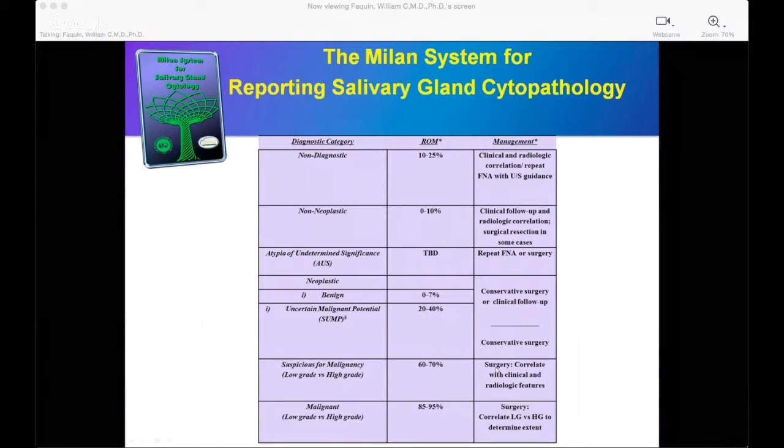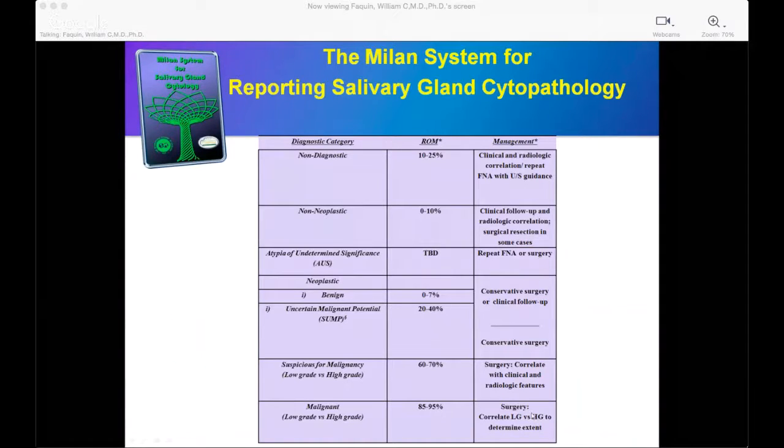Most of these patients will have surgery, and correlation with clinical and radiologic features will help to inform the clinician as to whether we think this may or may not be an aggressive tumor, and it can also be correlated with frozen section. For the malignant category, it's very important to designate the tumor as low-grade versus high-grade because that impacts the management.